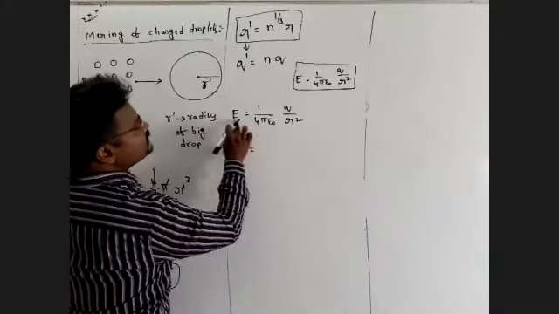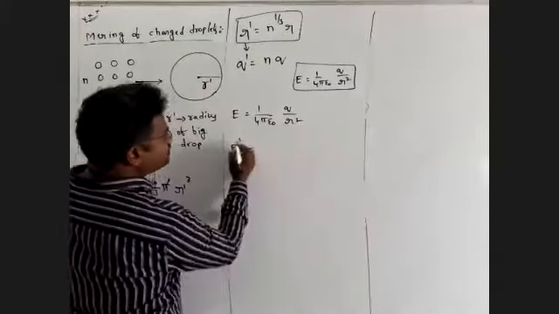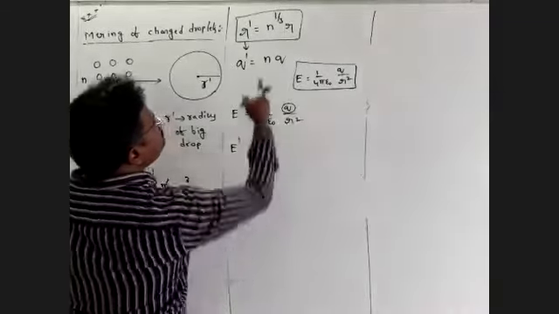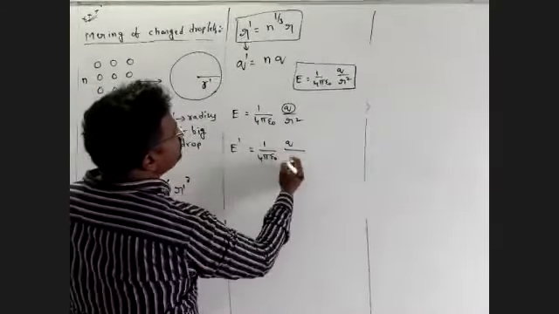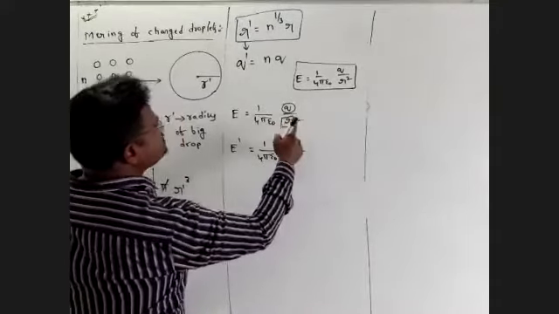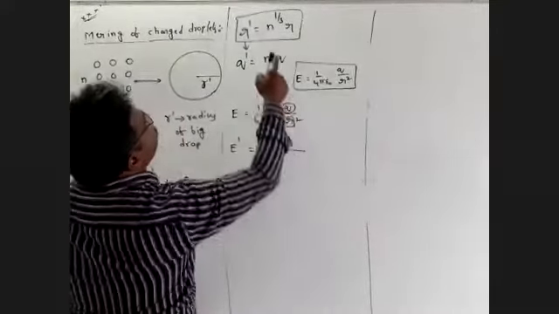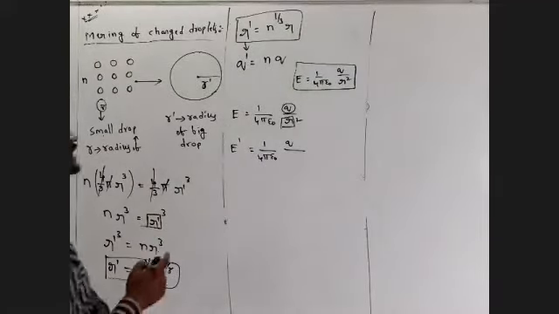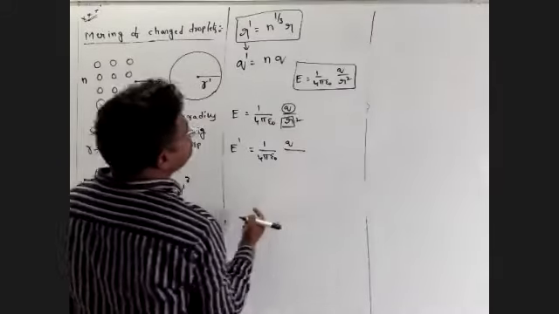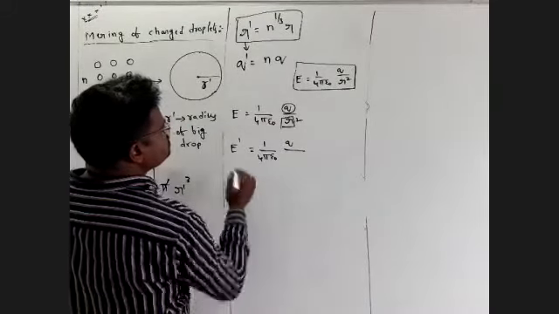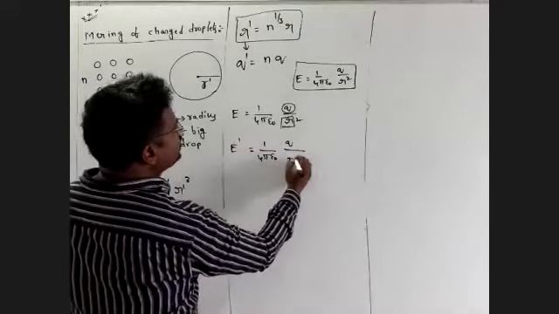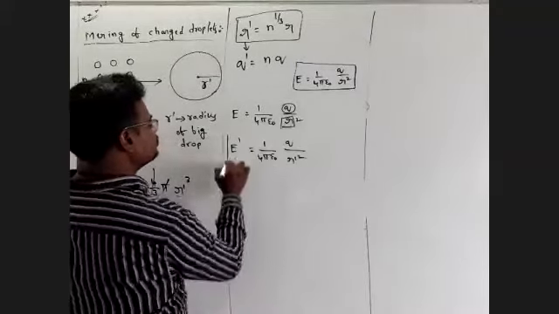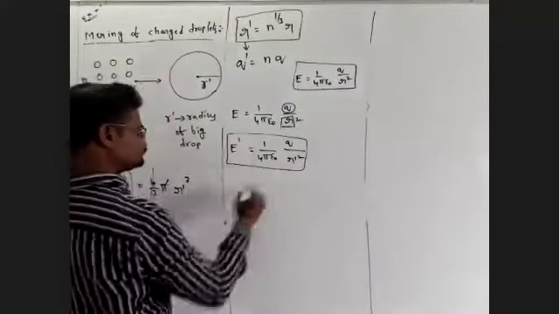E is equal to 1 by 4 pi epsilon naught Q by R squared. For E dash, Q is simply Q, and for R I'm taking R dash, so this is R dash squared.